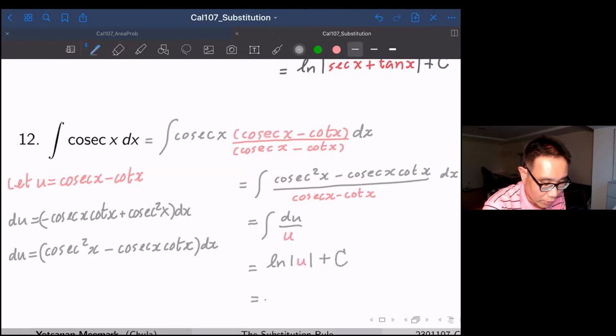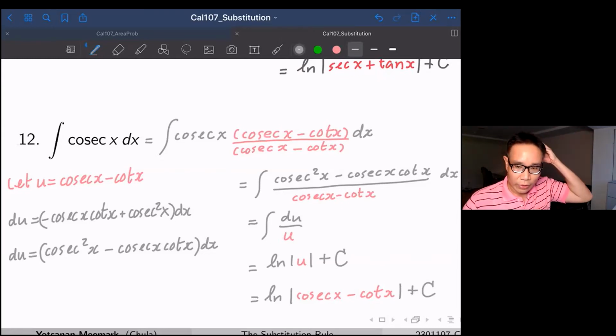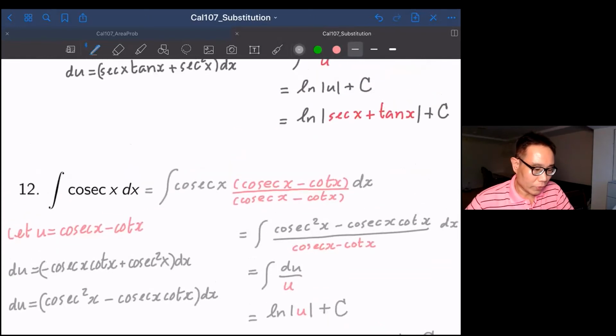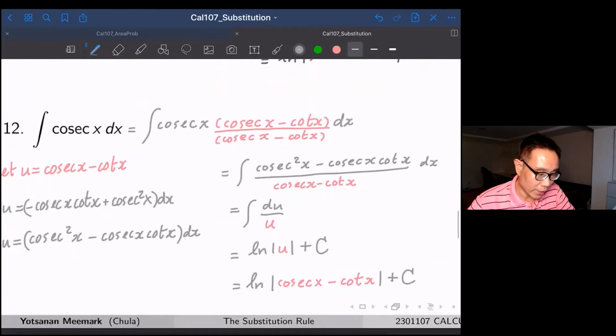In this case, it's log absolute cosec x minus cotan x plus c. So this is the integral of cosec.